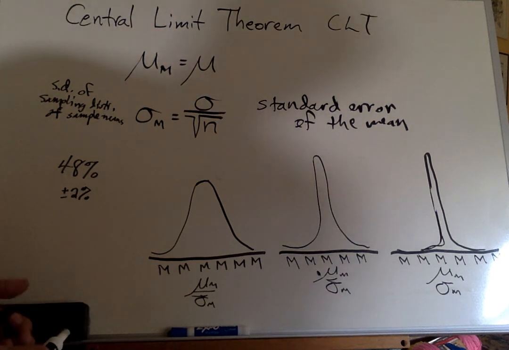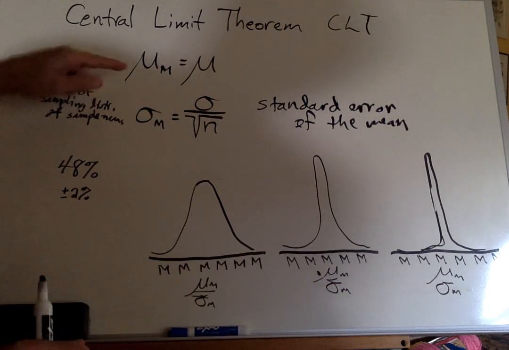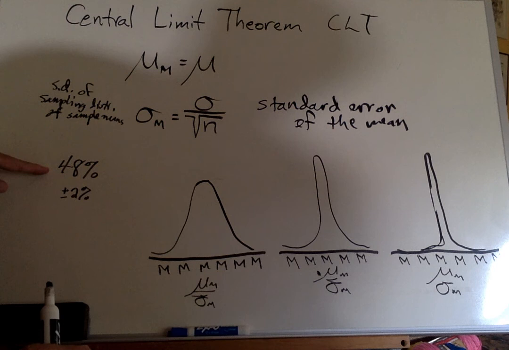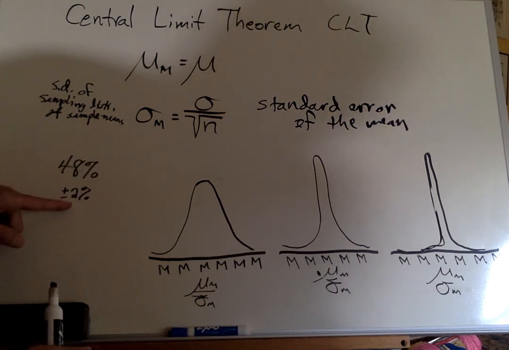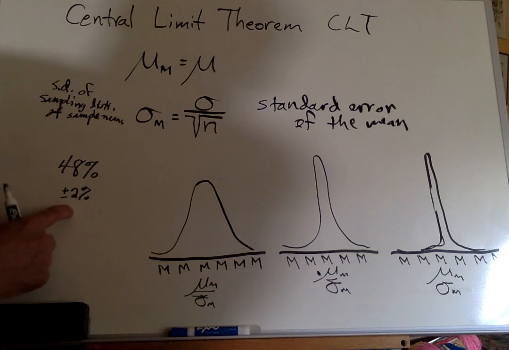You're like, what the hell does that mean? Well, this is their guess for what's happening in the population. That's their guess. But they're saying maybe plus or minus 2% because we could be wrong. Standard error of the mean. That's what this is, standard error of the mean.